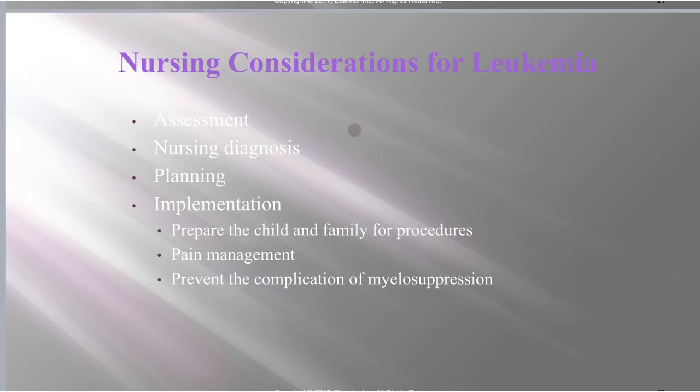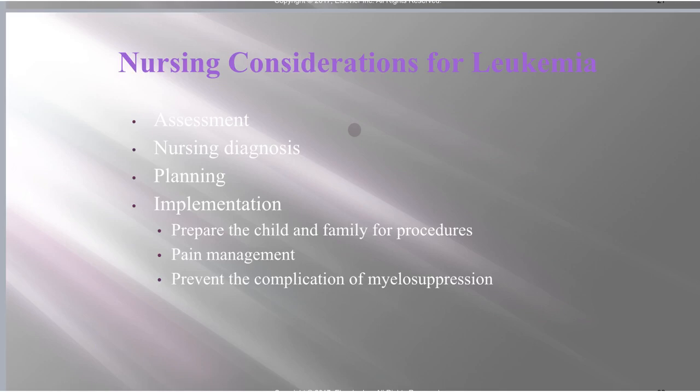So considerations: what are those things that we're going to want to look at in their assessment? Skin assessments, perfusion, hydration, intake and output, weight, bleeding tendencies. Do they have petechiae? Are they mottled? Are they losing hair after treatment?